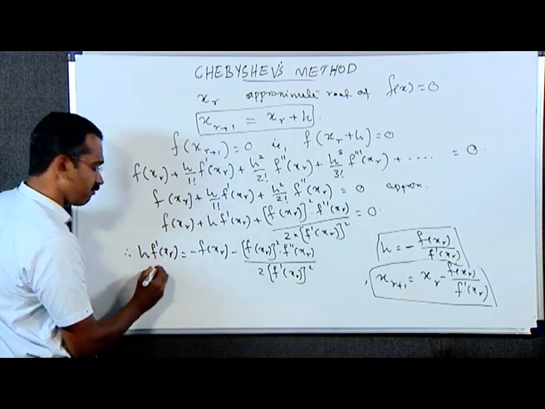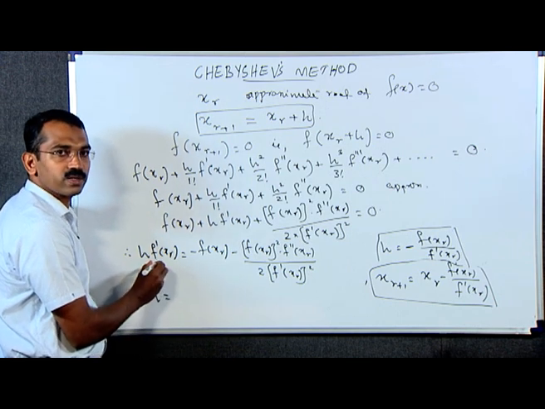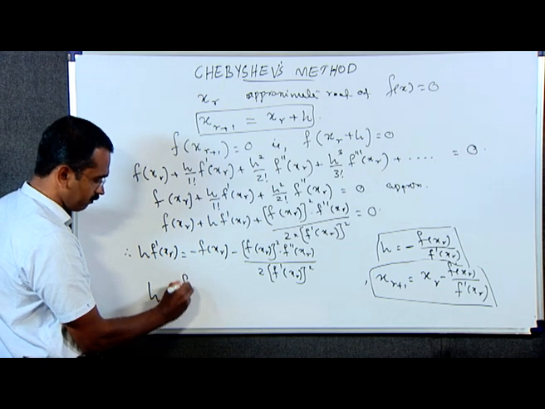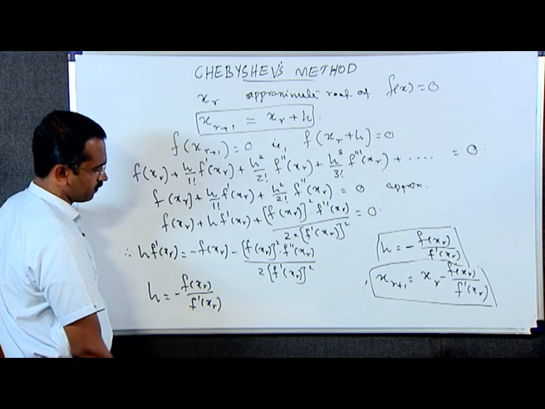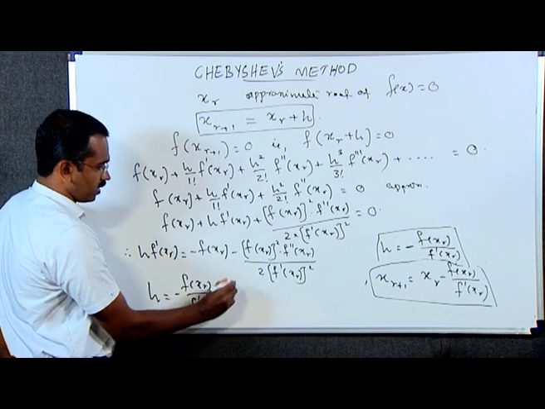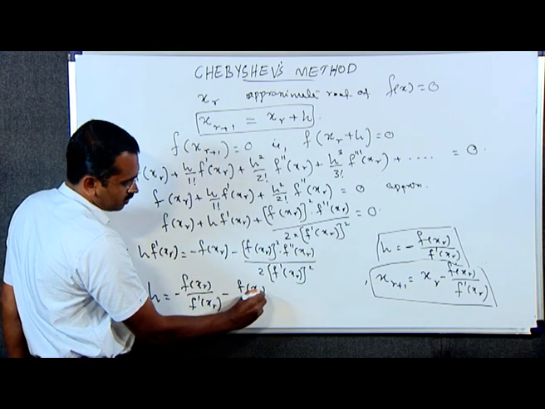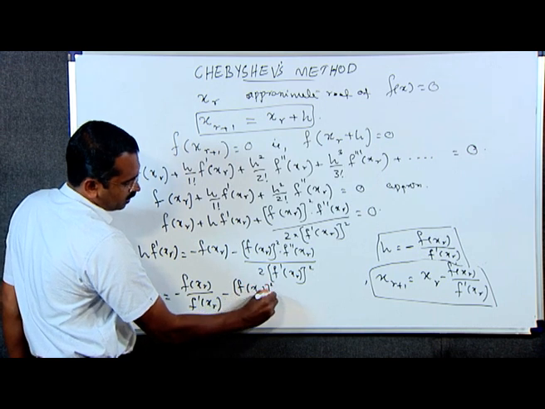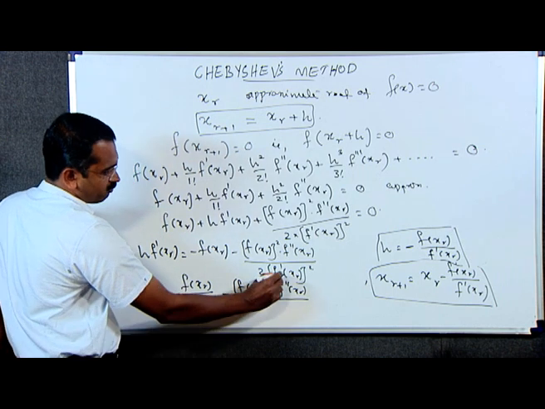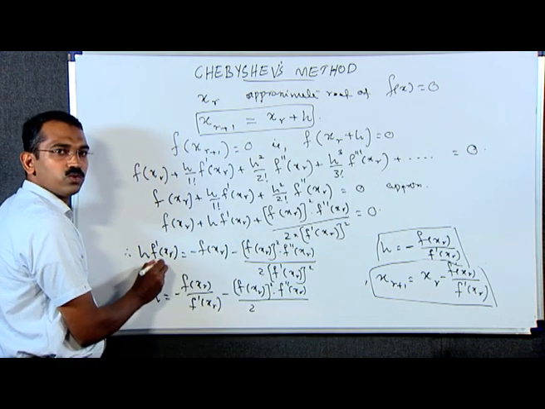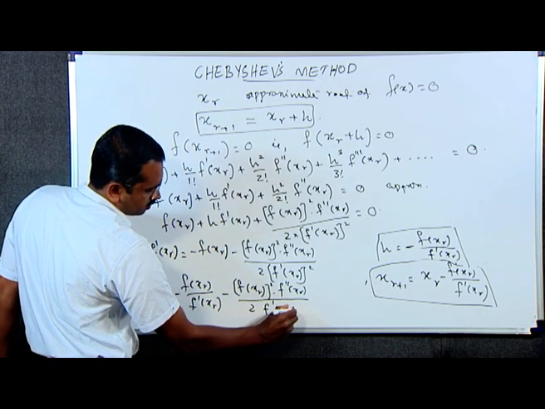That is f(h) is equal to... From this we can write h is equal to minus f(xr) divided by f'(xr) minus f(xr) squared into f''(xr) divided by 2 into f'(xr) squared into f'(xr), that means f'(xr) cubed.